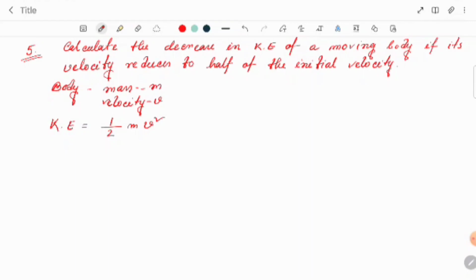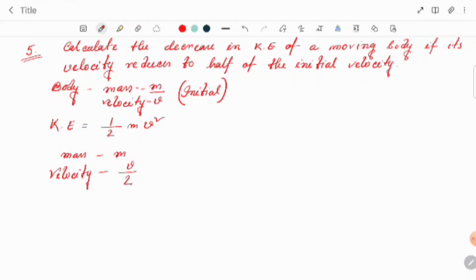Now this part is the initial part. Now the final part: velocity reduces to half, mass will be the same. So the final part, mass m, but the velocity reduces to half, meaning v by 2.